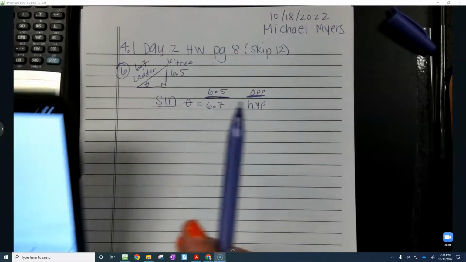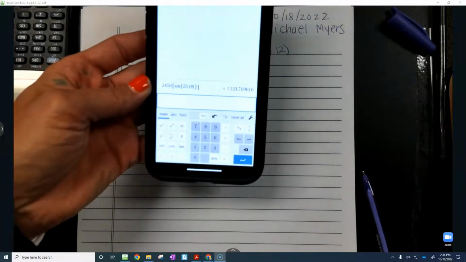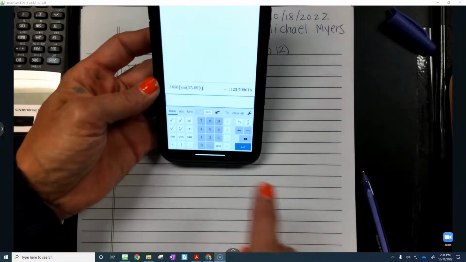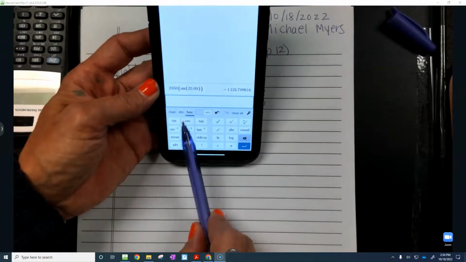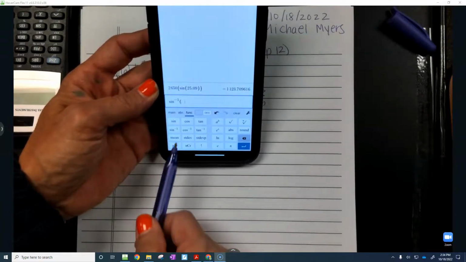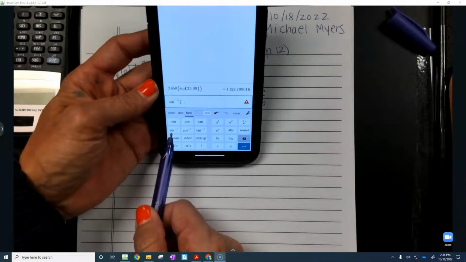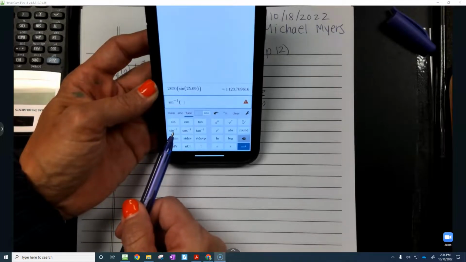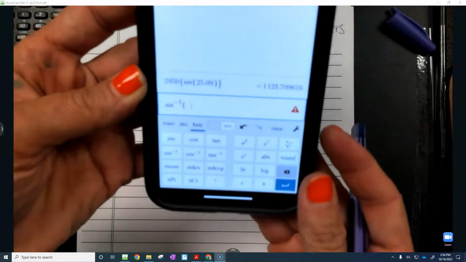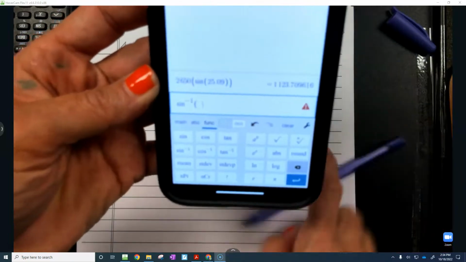What you're going to do, guys, y'all see my calculator? Look, see the word function? If you hit the word function, you're going to type in the inverse of sine. That little inverse. See the -1?